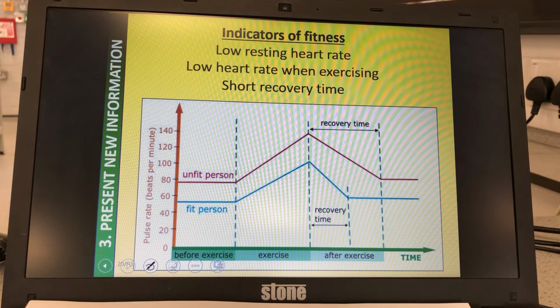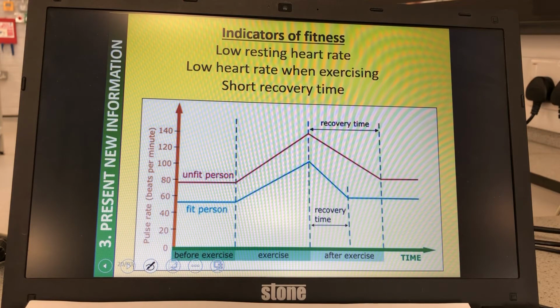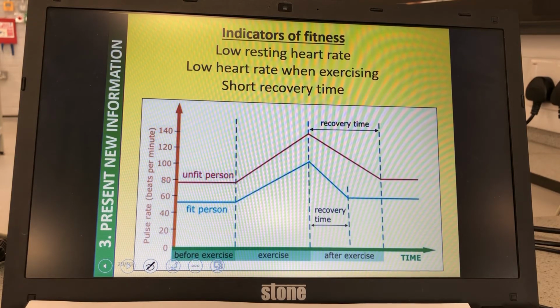So maybe you've got 2 indicators of fitness that are better than your friend, and maybe they've got 1, or it could be that you're winning in all categories, but there are 3 indicators we're going to look at. And I'd like you to make a conclusion for each of the indicators of fitness to decide who is the fittest. So you're going to write this in your book, stick your graph in if you can. If you've got stapler or if you've got glue, if you haven't, just fold it, put it in position, we can glue that later.